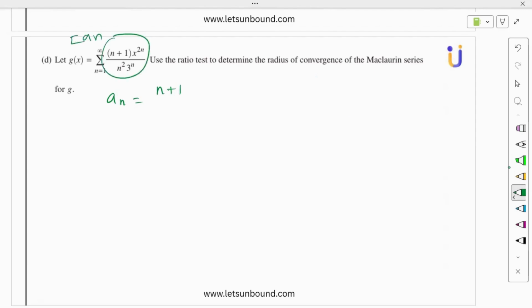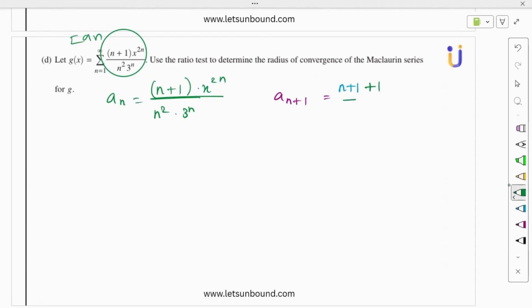So all the things over here: n plus 1 by n square into 3 power n into x power 2n. Right. So we need to simplify. So for the ratio test, what is an plus 1 that we need? Every n should be replaced with n plus 1. So here n plus 1, n plus 1 plus 1. Okay.